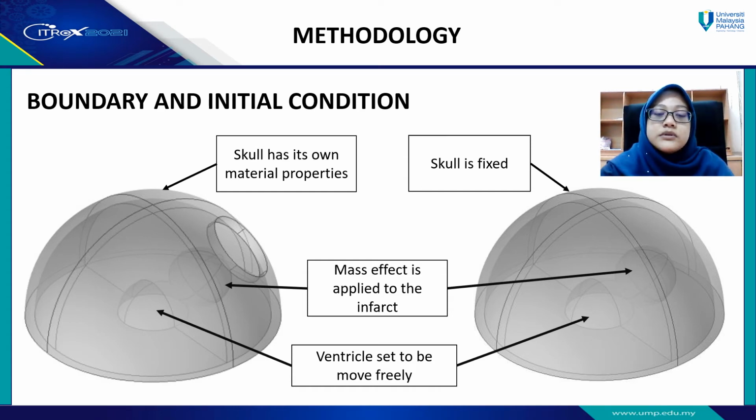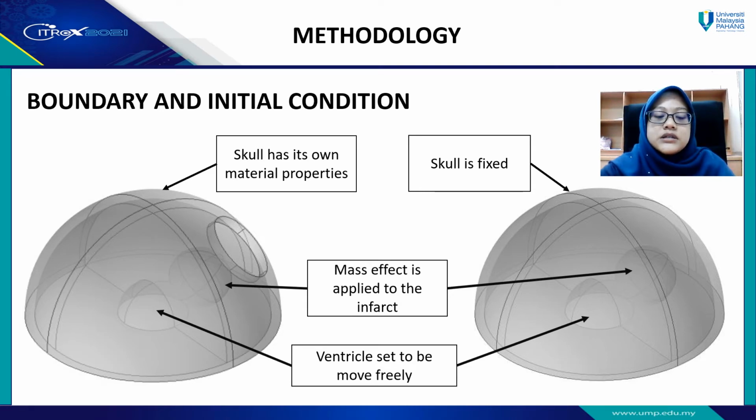This is to enable the evaluation of herniation after brain tissue swelling. So for the decompressive craniectomy simulation, the skull has its own material properties, while the skull without decompressive craniectomy is fixed.